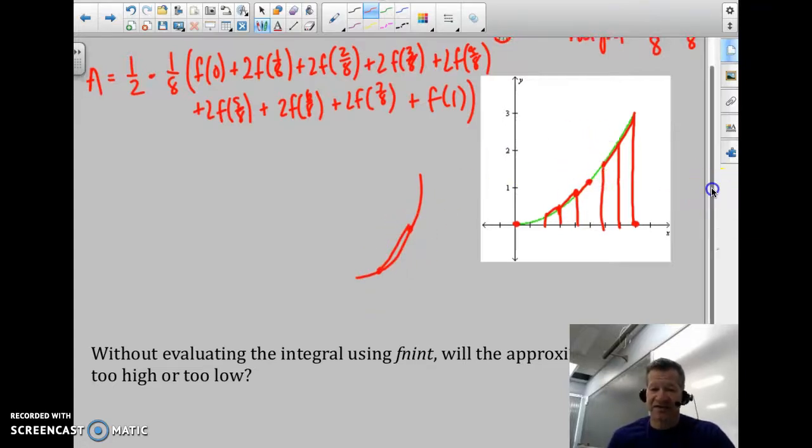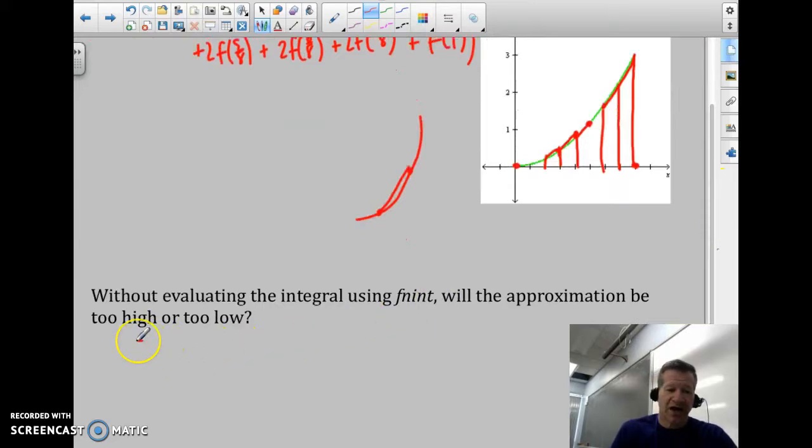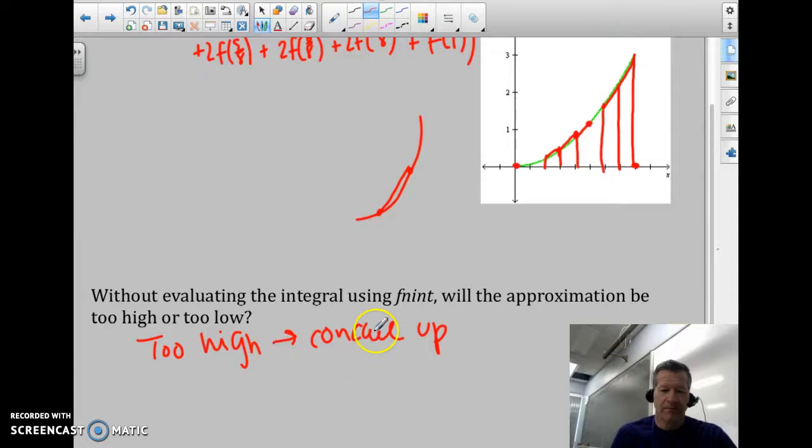So in this case, this estimate should be too high because the graph is concave up.